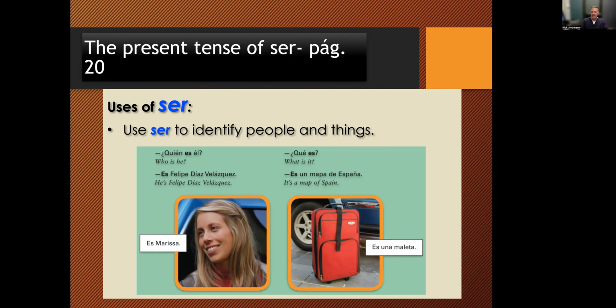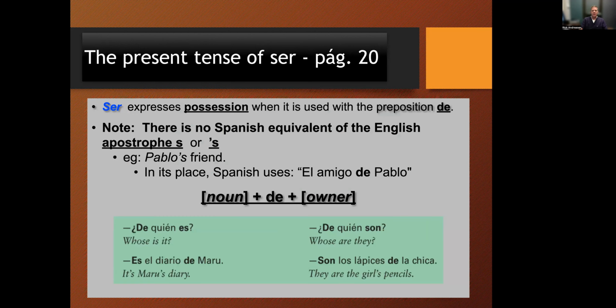Es una maleta, it's a suitcase. She is Marisa. You don't have to say the ella because it's already understood. And es una maleta. If you haven't already talked about this subject, then you use the word for the subject, right? But if you already know this, you don't have to say ella es Marisa. If there's a doubt what you're talking about, then yes, throw the subject pronoun in there.